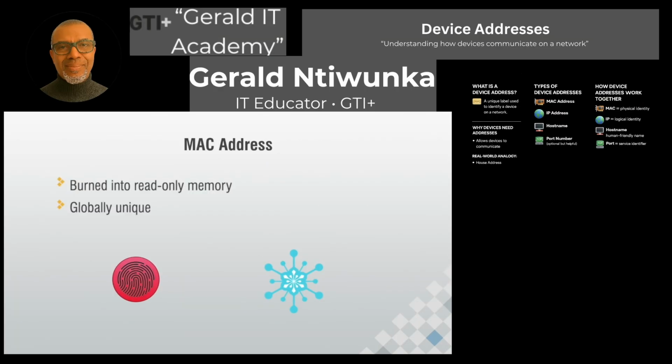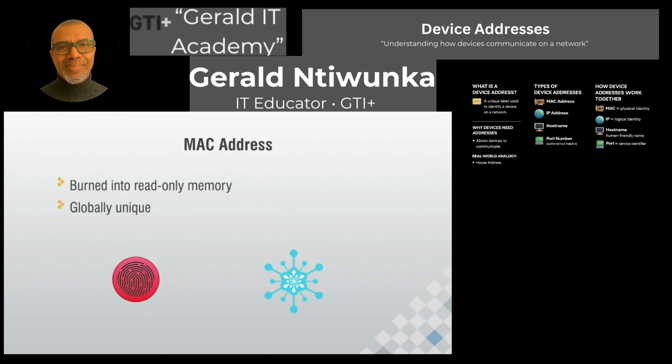Now, let us explain and give examples of physical addresses. The physical address of a device is also called the media access control address, in other words, the MAC address.